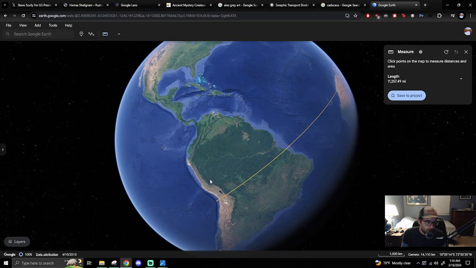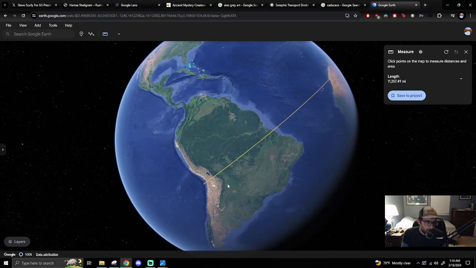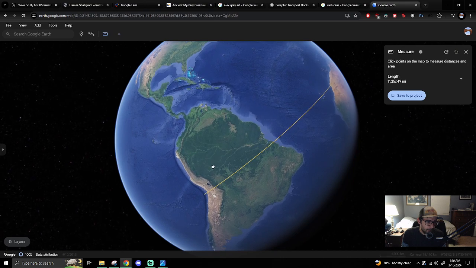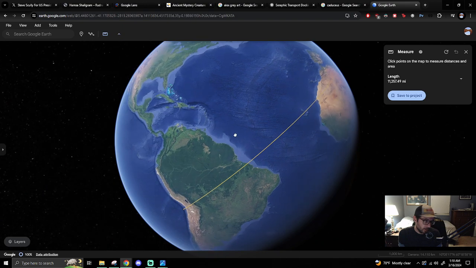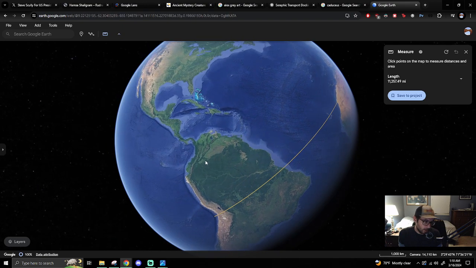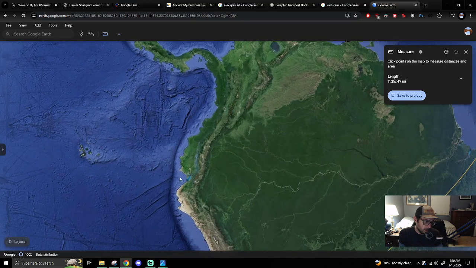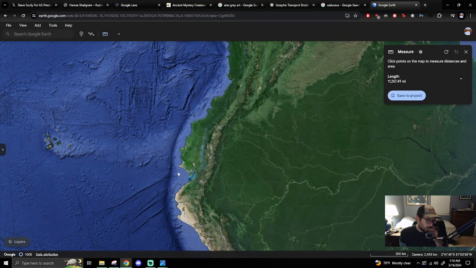Started over here and then slid down this way. Maybe. It might have been that this was actually flowing in this way to here.